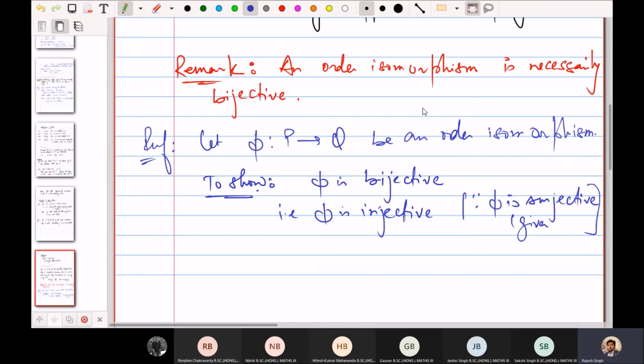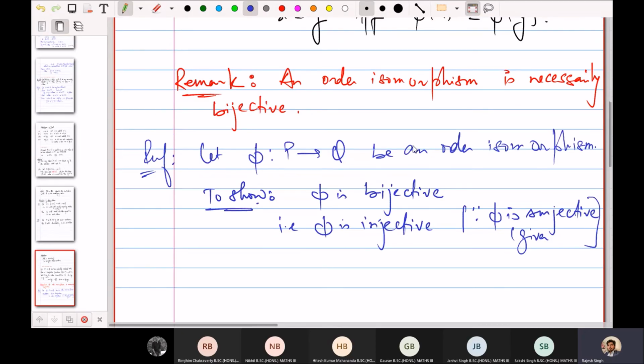This fact is given because by definition an order isomorphism is surjective, so we have to show it is injective.